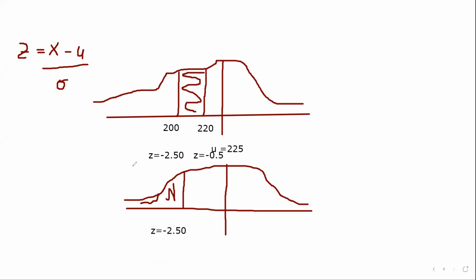So I'm looking for this area here. So I go from negative infinity to negative 2.5, right? I don't want to go up to 220. I want to go to 200. So I'm going to use the z-score at negative 2.5. Okay?